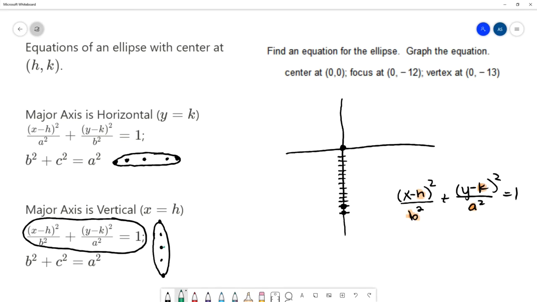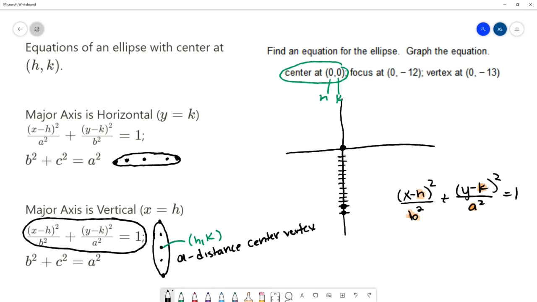So the center is our h, k, and we were given a center of 0, 0, so we know that h is 0 and k is 0. We also need to know what a and b stand for. A is going to be the distance between the center and a vertex.